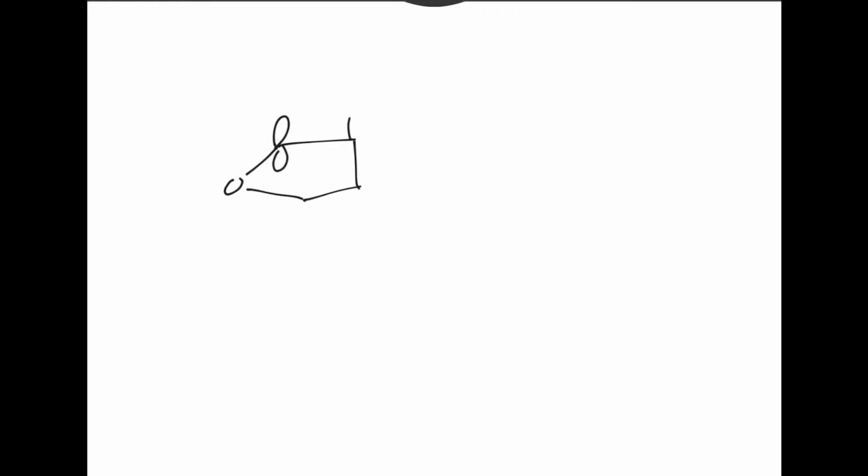I got my p orbitals that make up my double bonds right there. And now for the oxygen, one of the lone pairs, its orbital is up and lines up with the other p orbitals from the double bonds. So these all line up so the electrons can move through them.